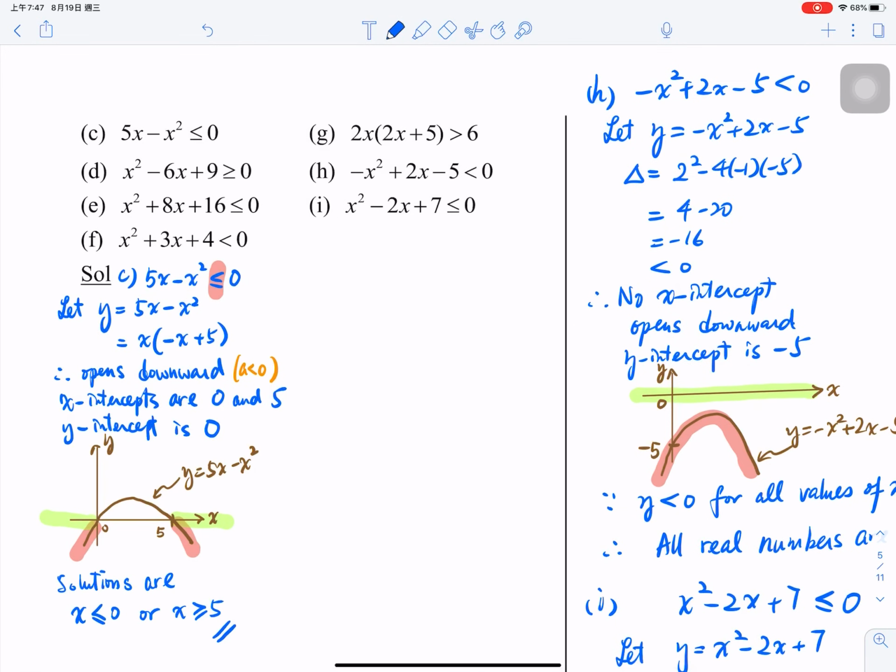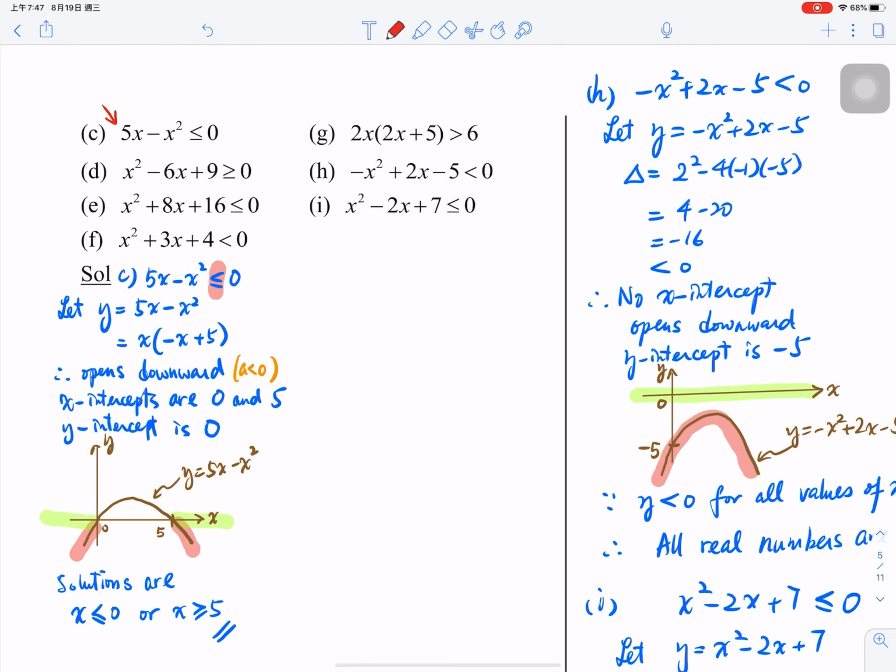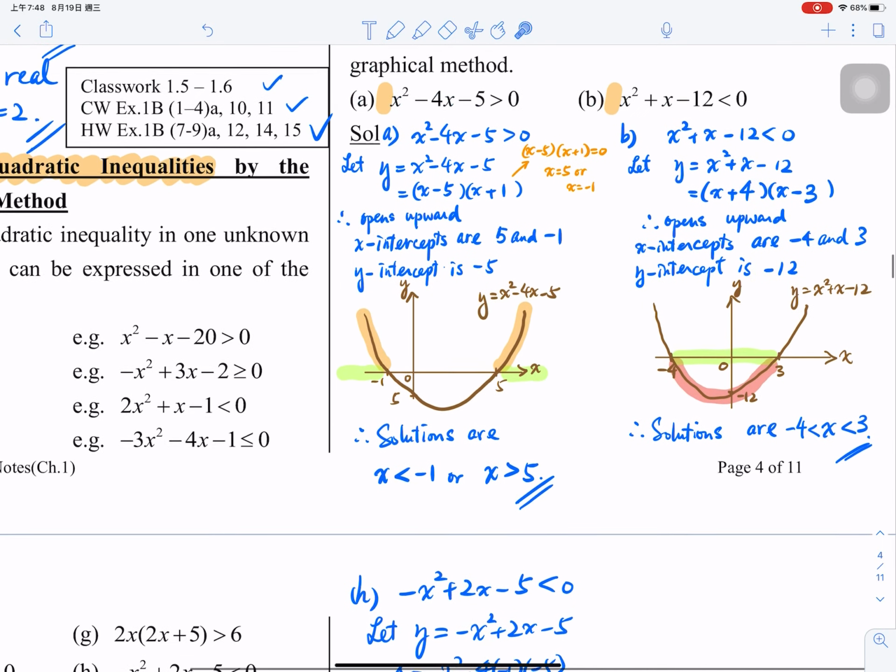Before I finish part C, just let you have a look. If this one, I rewrite it as this, because 5x minus x squared, okay. I use better blue color. This one, 5x minus x squared smaller or equal to 0. And you found that a smaller than 0, so it opens downward.